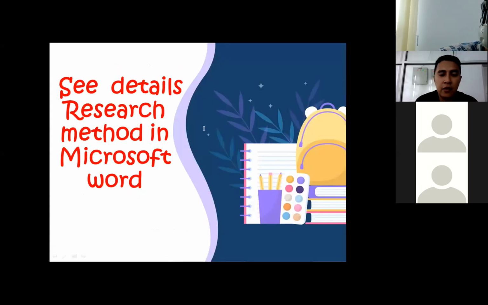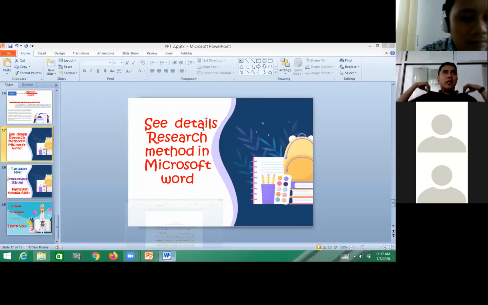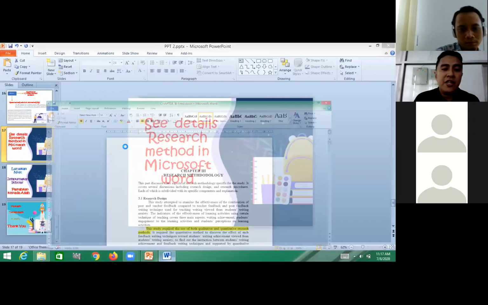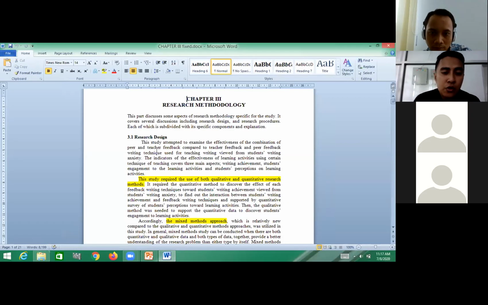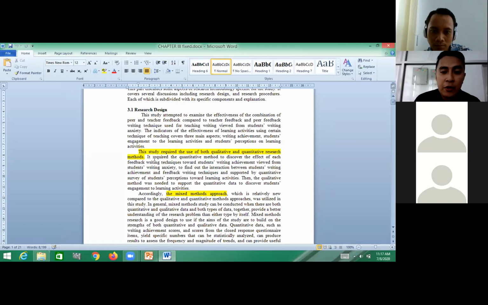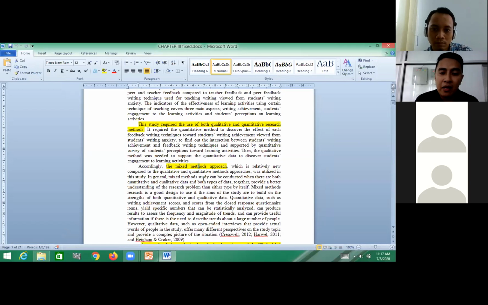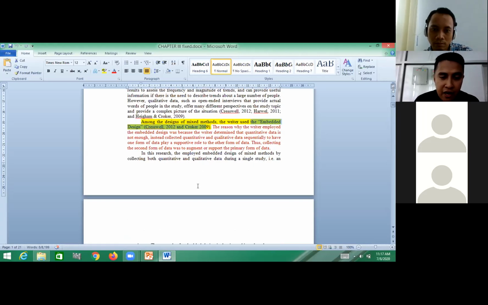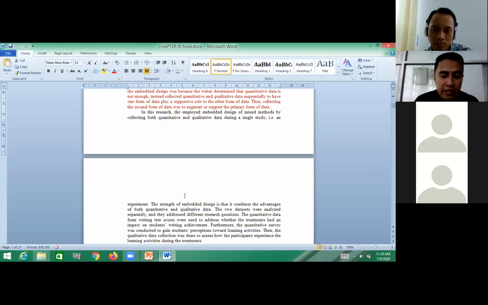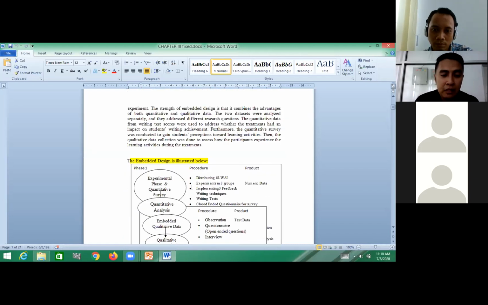Okay, here it is. You can see, for example, my research methodology. First there is a clear research design, and I also write this, because I use a mixed method, qualitative and quantitative research method, and after that I also state clearly the type of mixed method that I use. Then the graph.